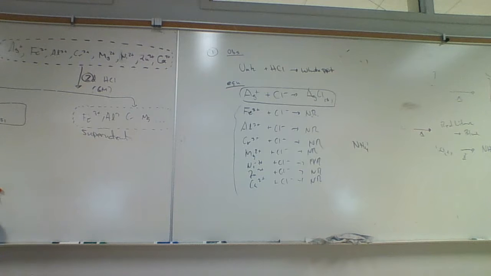So to confirm that it is silver, silver chloride behaves differently than lead and mercury chloride when exposed to ammonia. And so what we're going to do is what's called a confirmatory test, or confirmation test for silver chloride. We've got to make sure this precipitate is silver chloride and not some other insoluble chloride, i.e. lead and mercury.